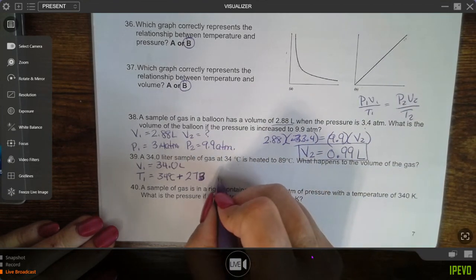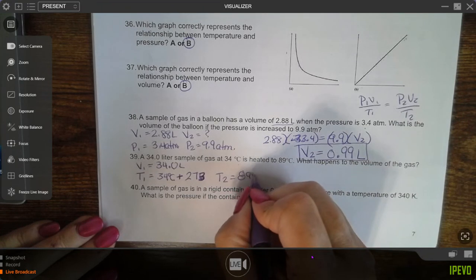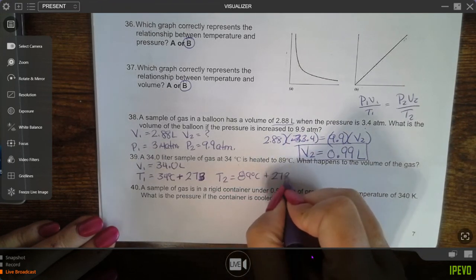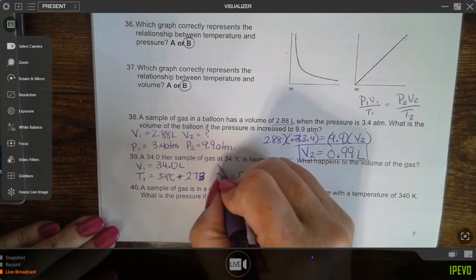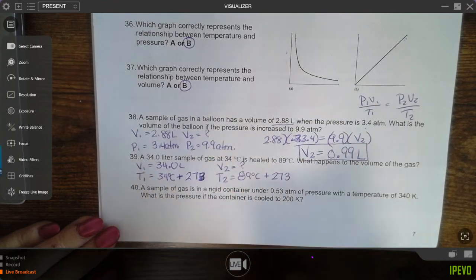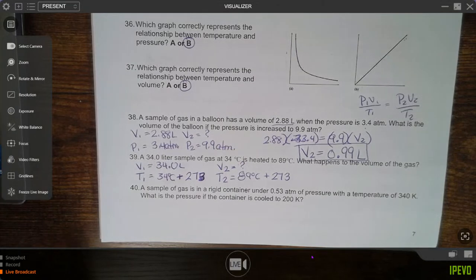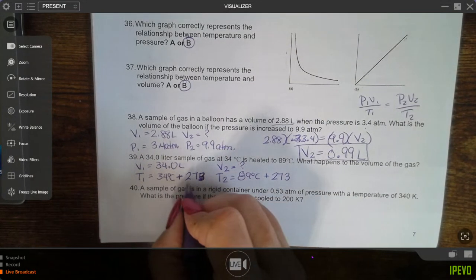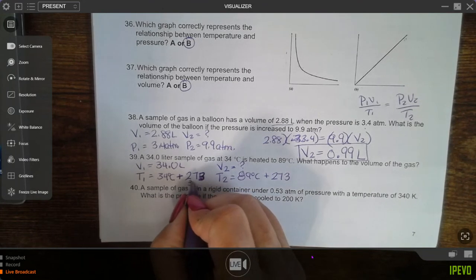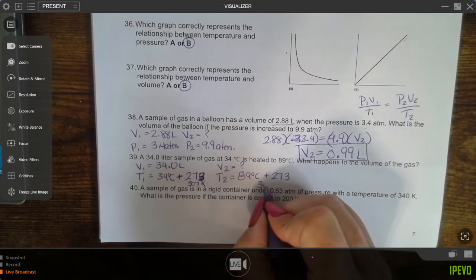This sample is heated to the point where T2 is 89 degrees Celsius, so we're going to have to add 273 to that also. And then we are figuring out what V2 is. So 34 plus 273 is 307 K. And then 89 plus 273 is 362.